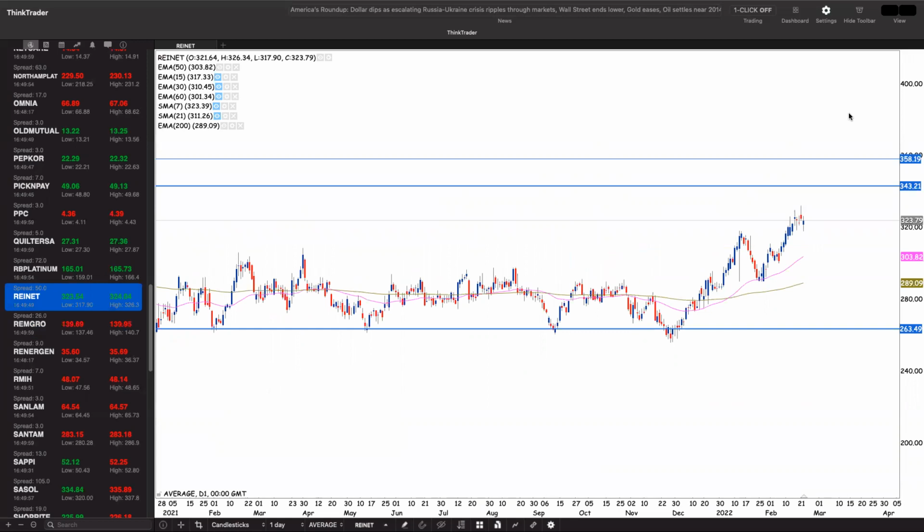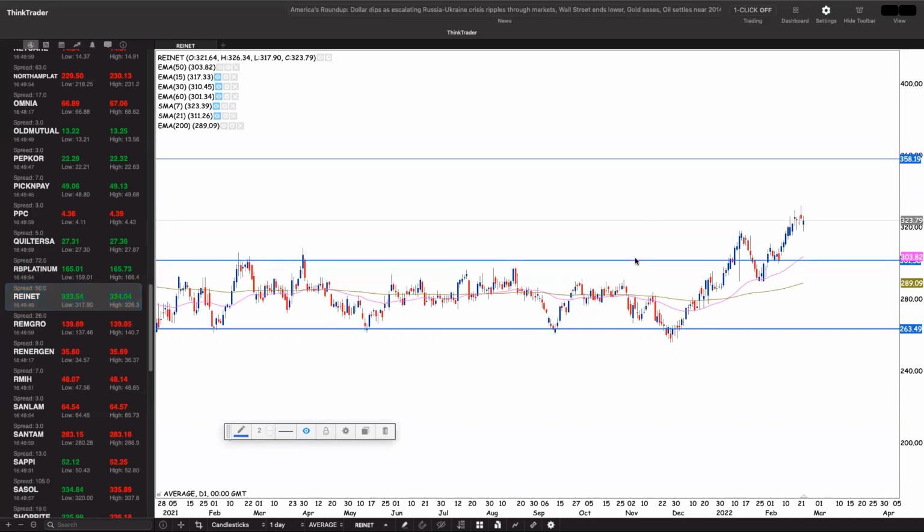Your rules could have caught it. That's the thing that's going to eat you up. Because my rules, 50 day above 200 day, we got that. We have that golden cross there. And even if you're looking at that as a resistance, my system would have caught that breakout.